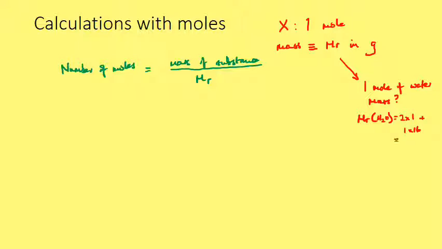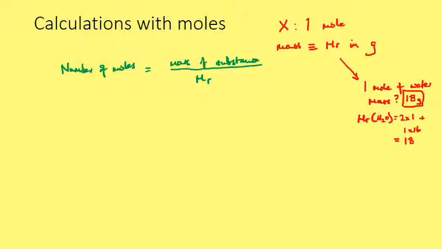Okay, so the MR of water is 18. And our first statement was that the mass of 1 mole is equivalent to its MR in grams. So the mass of 1 mole of water is 18 grams.